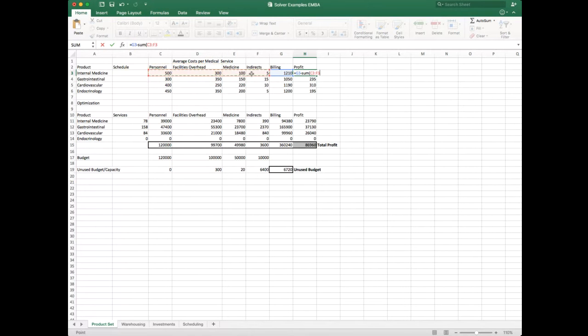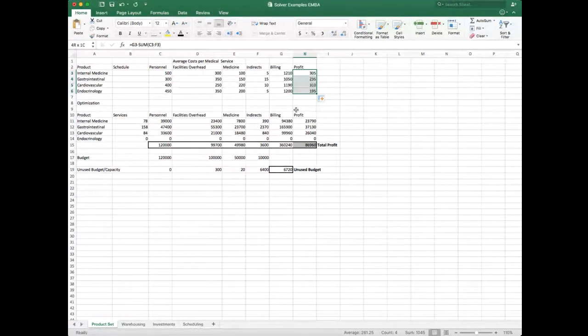So the sum of all the costs out here are marked there, and you've got your 305. Similarly, you can do the same across all of them. Now, if you look at it, it gives you a very basic idea that these are the profits. $305 profit for internal medicine, each service procedure, $235 for gastrointestinal, $310 for cardiovascular, $195 for endocrinology.